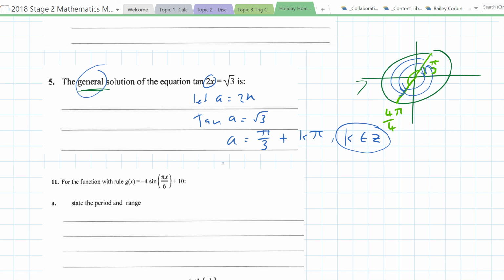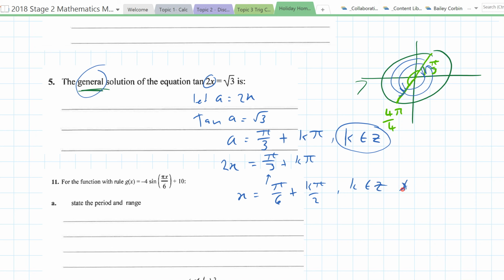Now we can make the substitution again, but this time do it fully, not just to the first specific solution, which is that one, but also to the general solution. So when we now divide by 2, we can say that x is equal to pi on 6 plus k pi on 2, where k is a member of the integers.